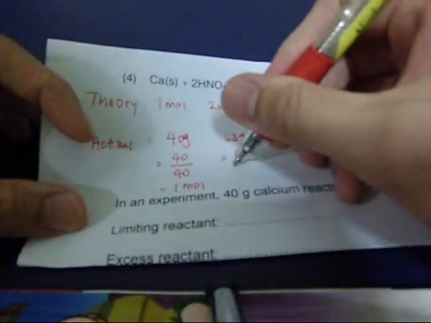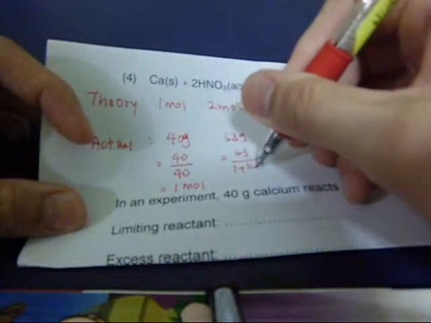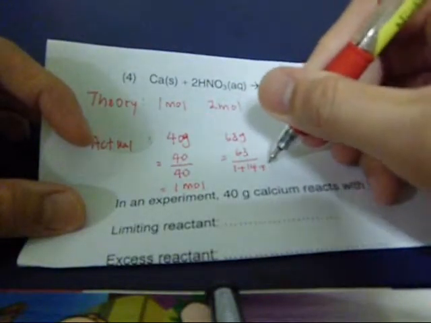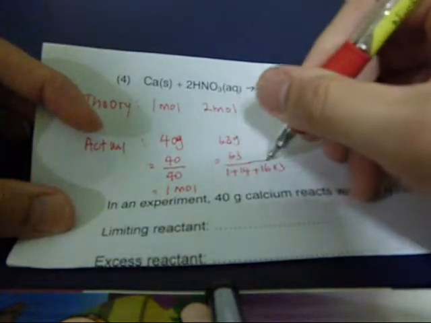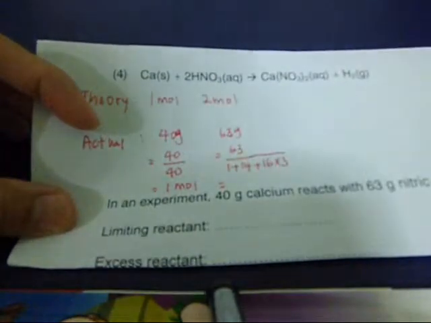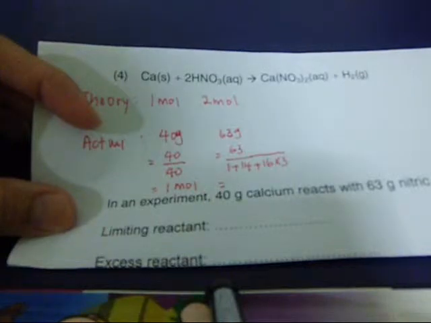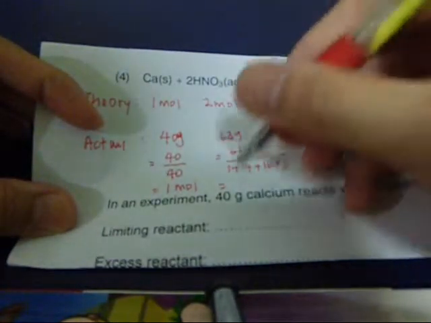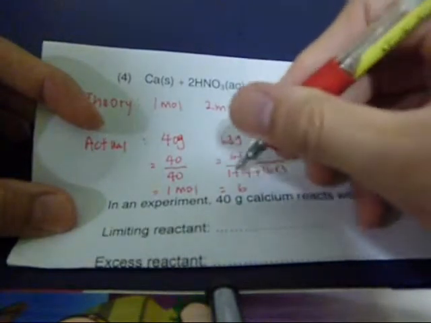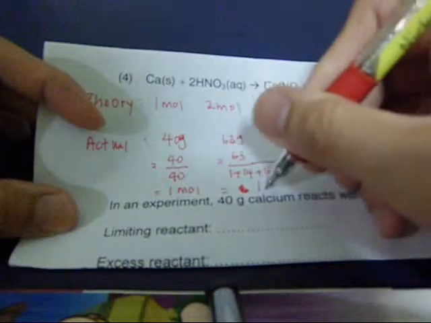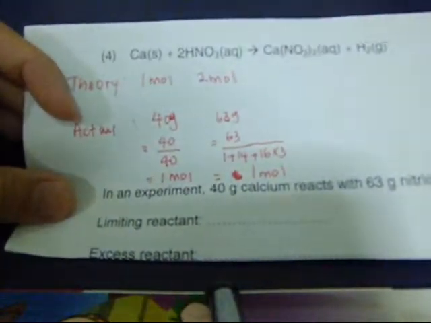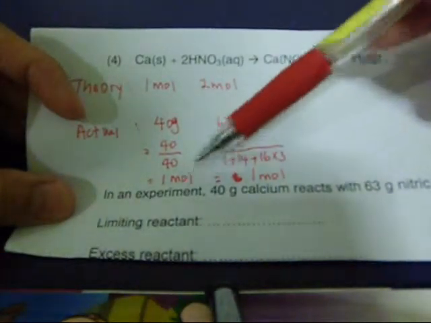So H, the AR is 1, N is 14, O is 16, but then there are 3 O. So it's like that. And if you do the calculation, you can find that it is 63. I mean the denominator is 63, so it's 1 mole. So 1 mole, 1 mole.